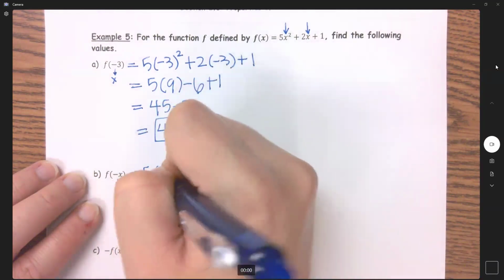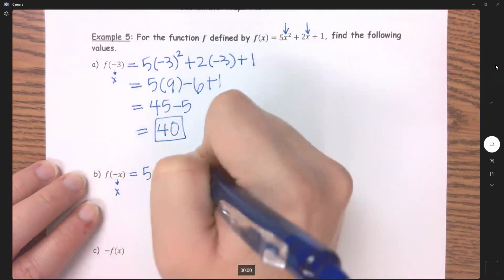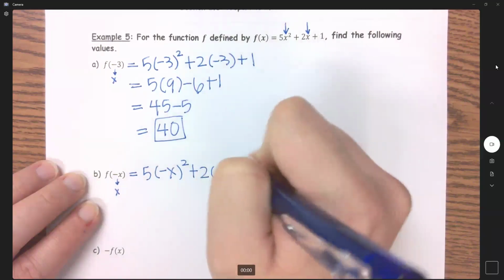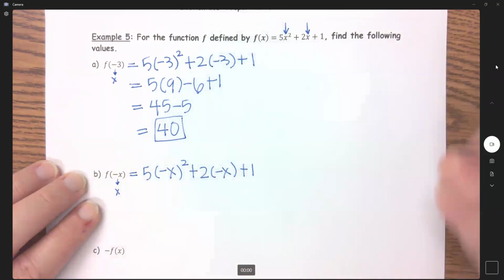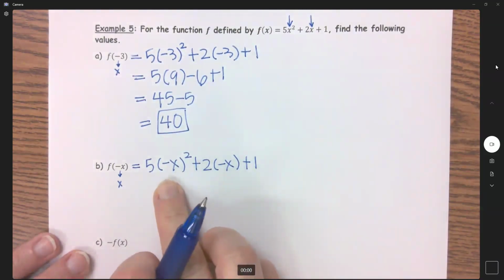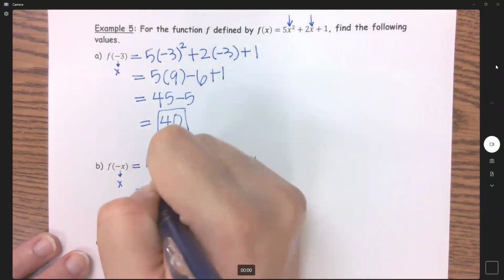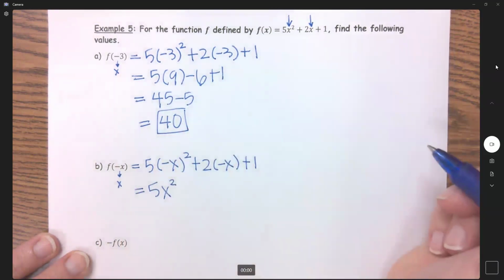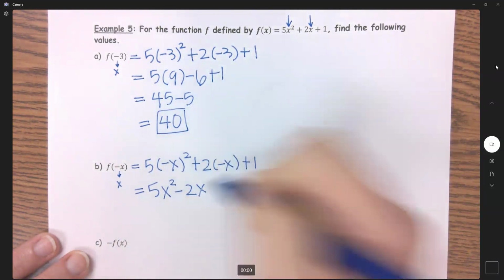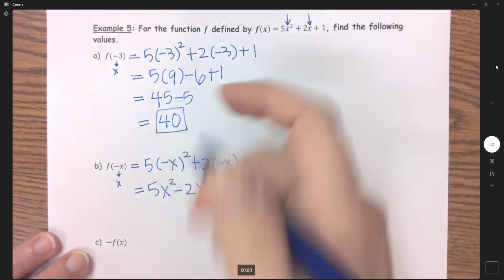So we have 5 times (-x) squared plus 2 times (-x) plus 1. So check your signs. -x times -x is positive, so this gives me 5x squared. Positive times negative will make this a minus 2x, and then drop down your plus 1.